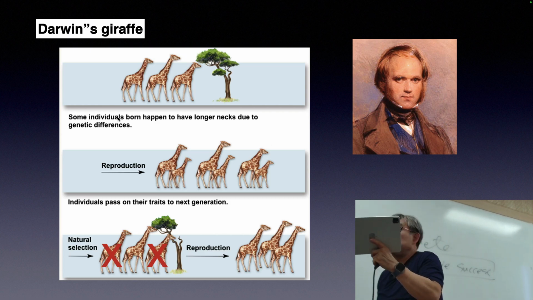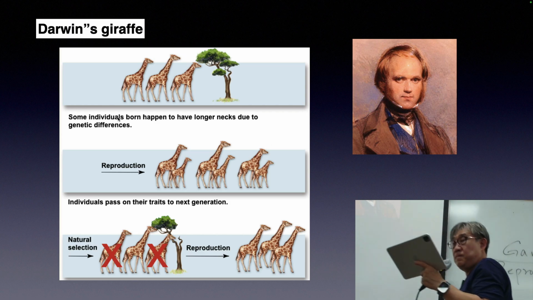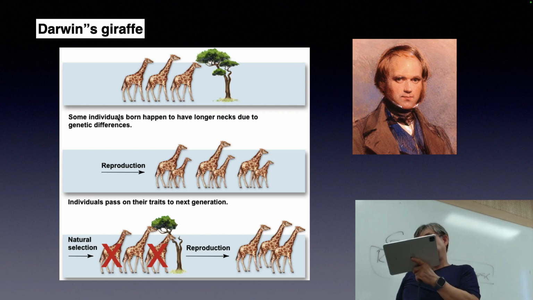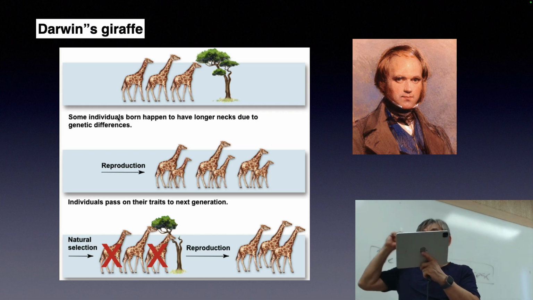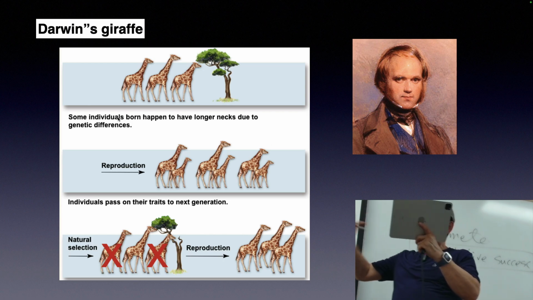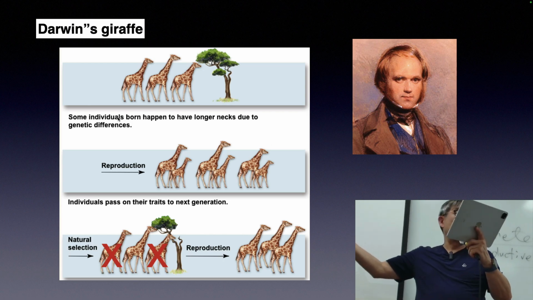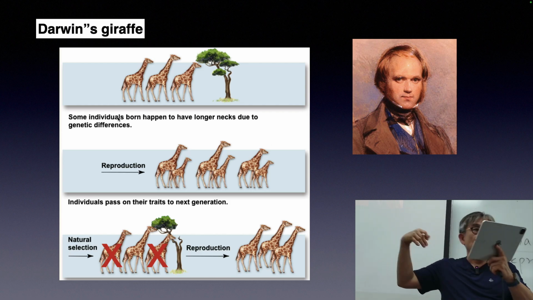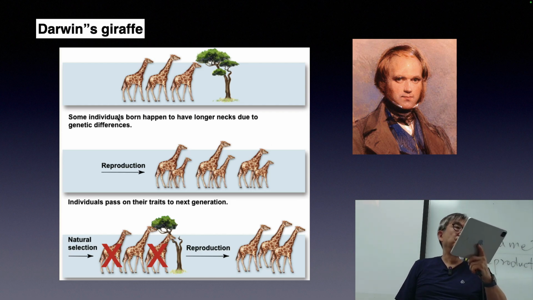Can you explain this figure in your own words? What is the major difference in Darwin's explanation compared with the previous Lamarck's one?